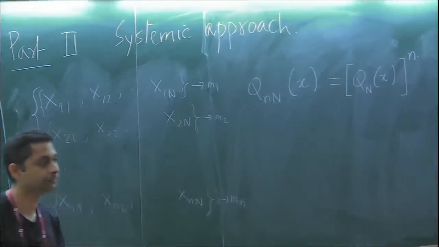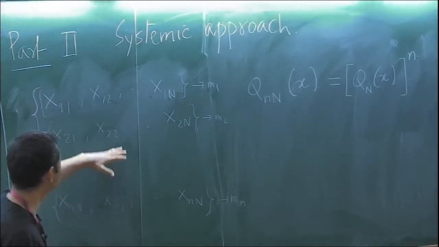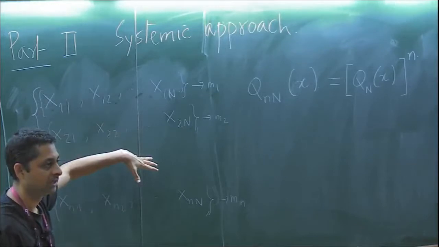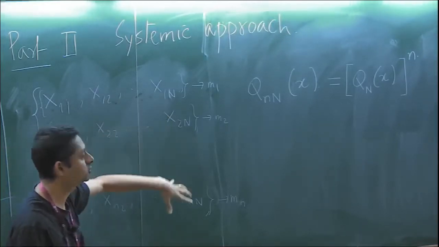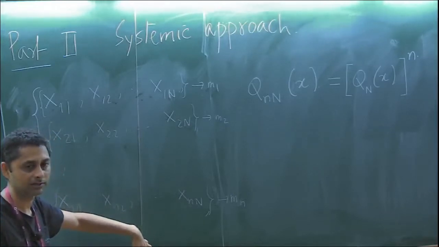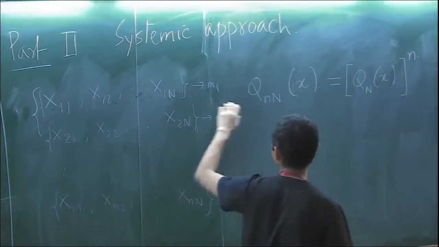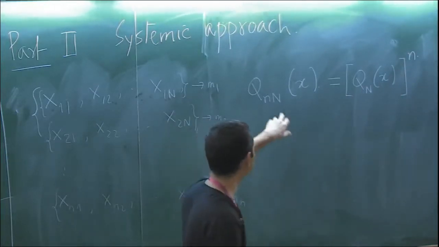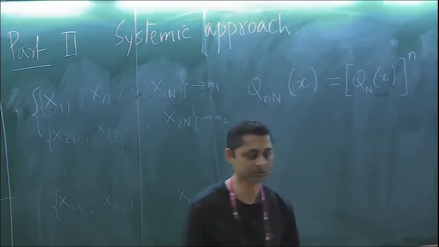Because the global maximum is also the maximum of the individual subsets. If the global maximum is less than x, the individual maxima also should be less than x. Each of them has that probability, and there are n of them.